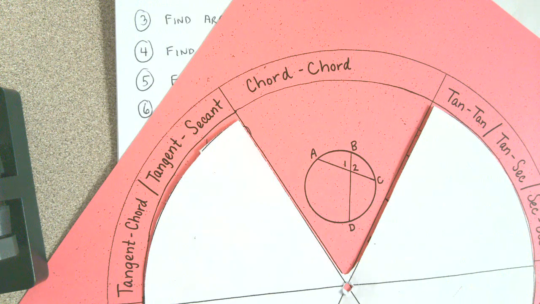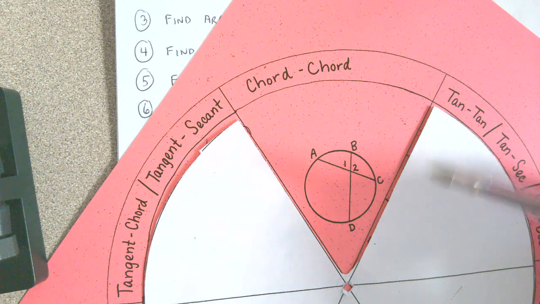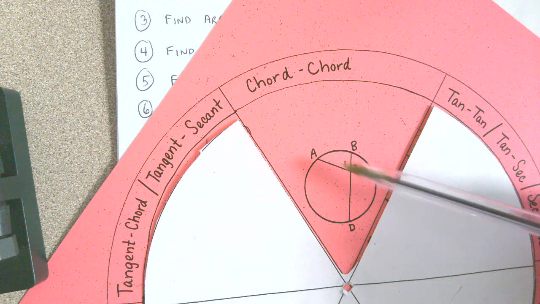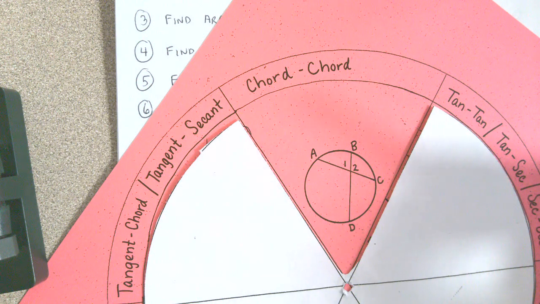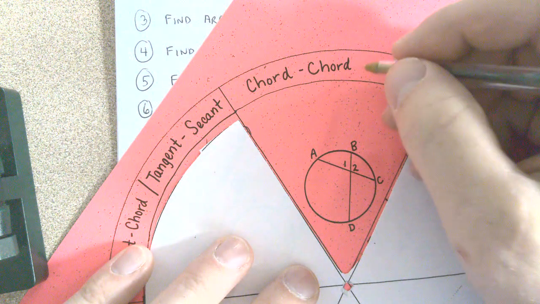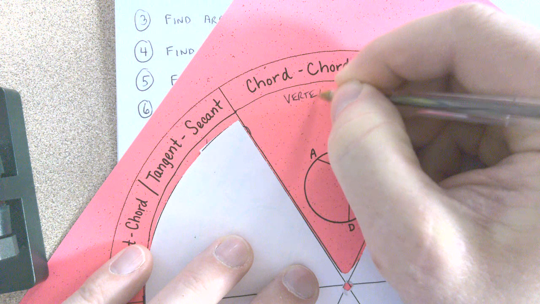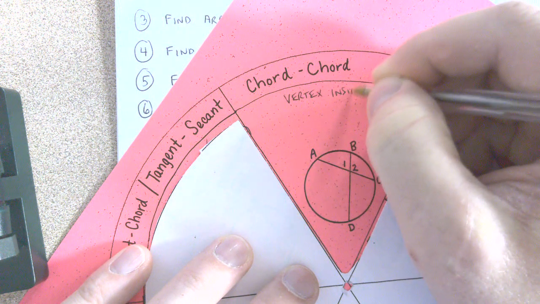Okay, so our next angle relationship, we're calling this a chord-chord. So notice in this particular picture, the two chords are going to intersect inside the circle. So you might want to write here at the top, vertex inside the circle.